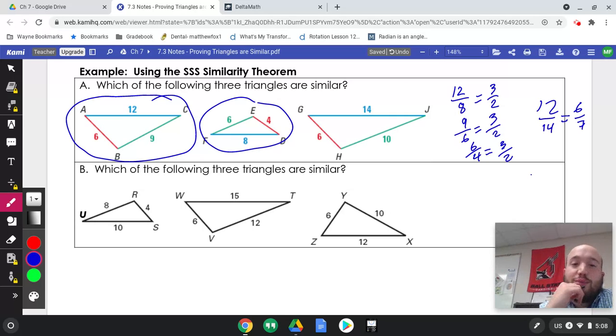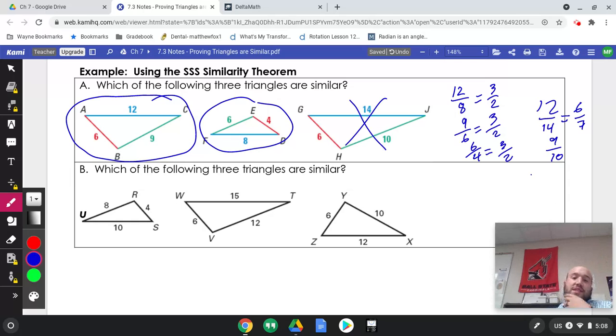Now if we compare the next one, green, 9 over 10, and 9 over 10 can't reduce. 6 over 7 and 9 over 10 are not the same, so we know this can't be proportional. It's not similar. And if it's not similar to this one, since those two are similar to each other, it won't be similar to this either.